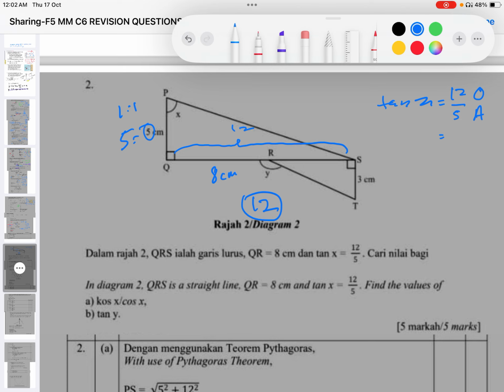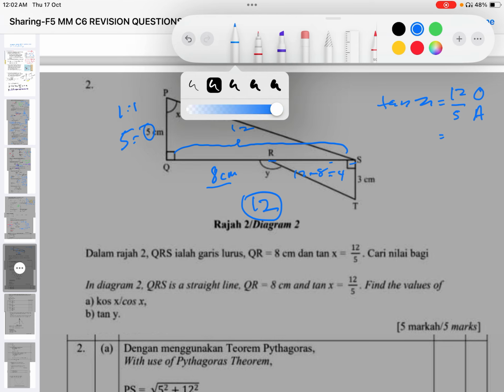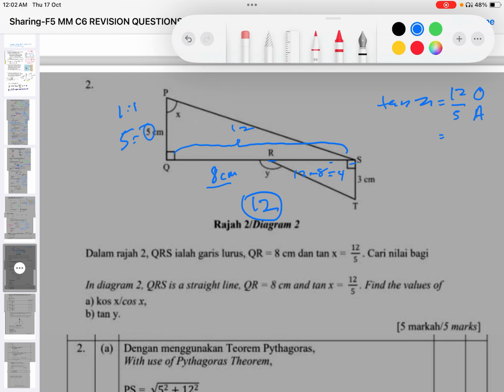So yang RS yang tertinggal ni, which is going to be 12 minus 8. 12 minus 8 will be 4. Okay. Let me clear up a little bit so that you guys can see. So this is going to be 4 cm.